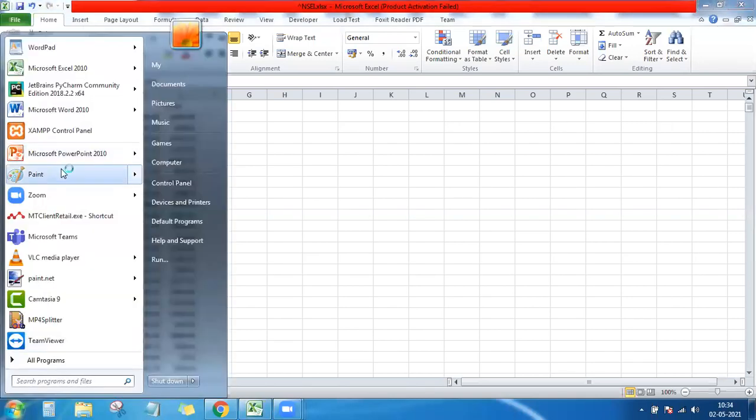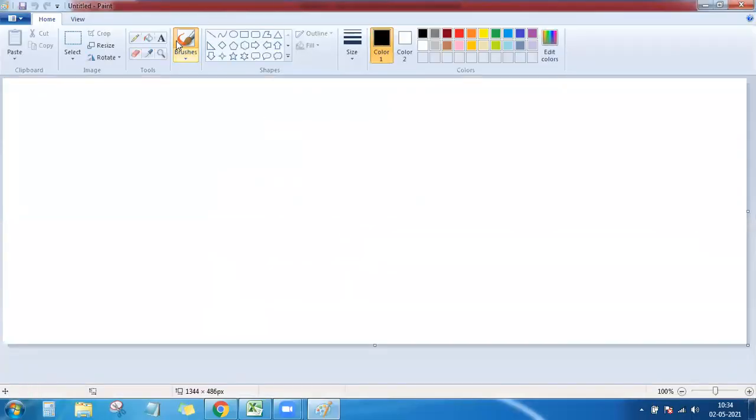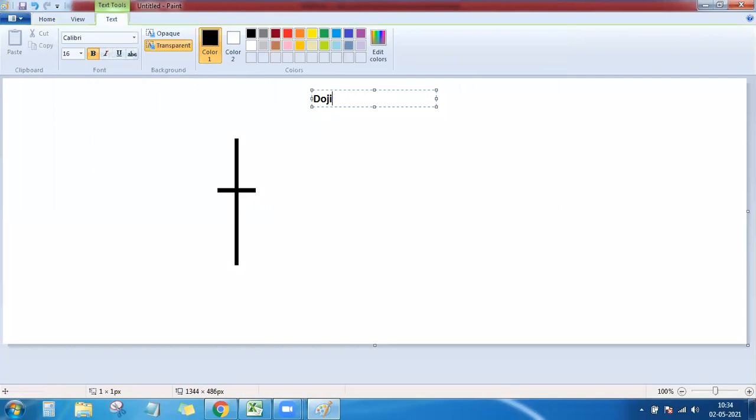Now, side by side, we'll first draw the candlestick pattern and then we'll see on the Excel. First candlestick pattern is doji. So doji, it does not have any body at all. Sometimes we can give a buffer of 0.01%. So this is a doji, and the characteristics of doji is the open minus close.